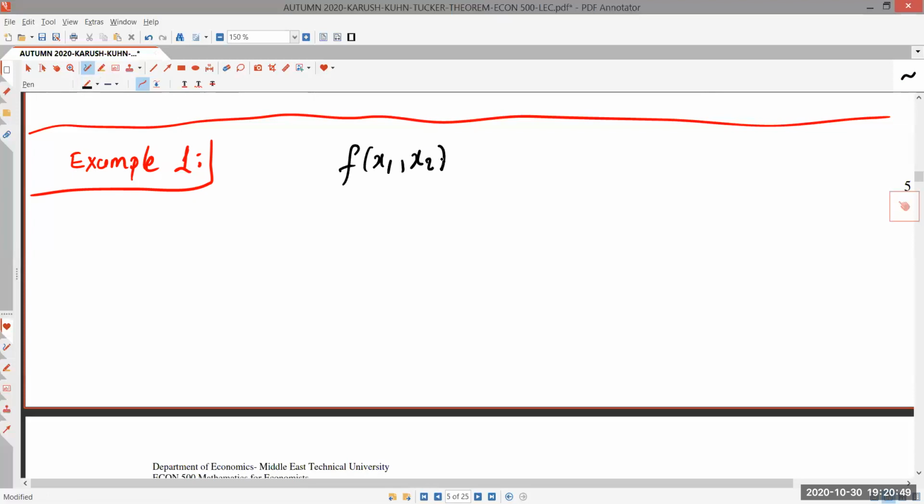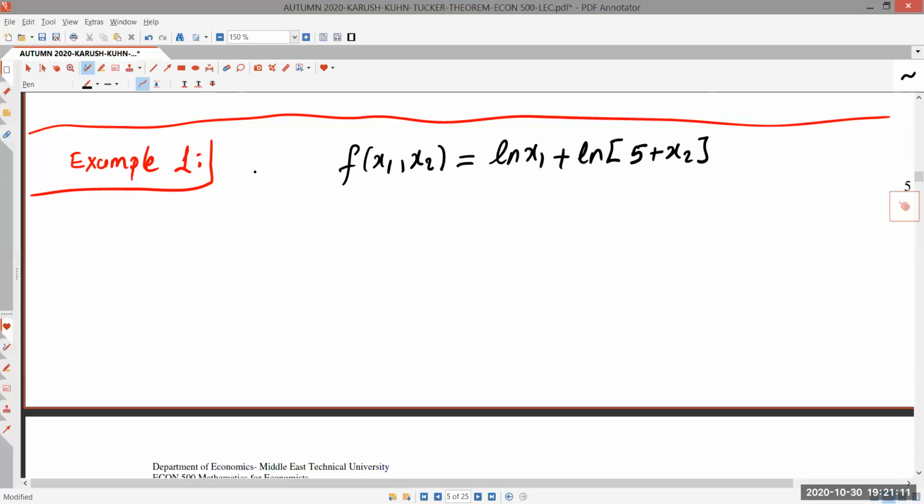Okay, this is a simple one, and this is the function: the natural logarithm of x1 plus the natural logarithm of 5 plus x2.